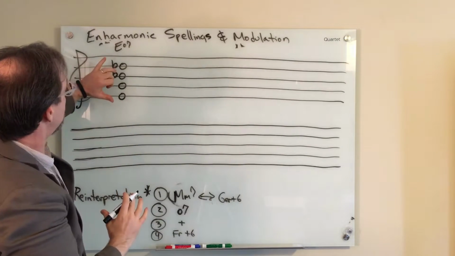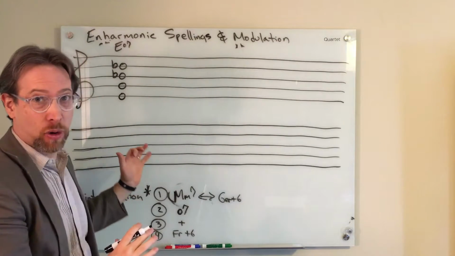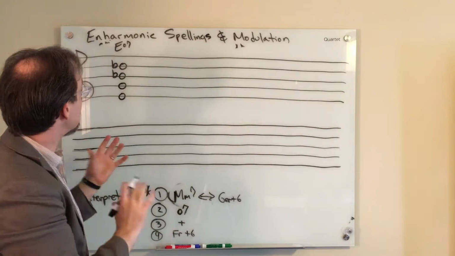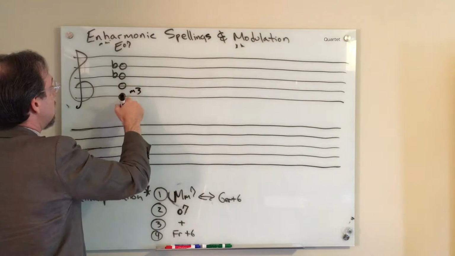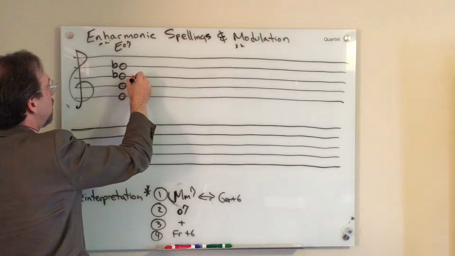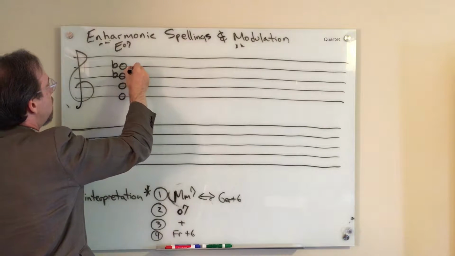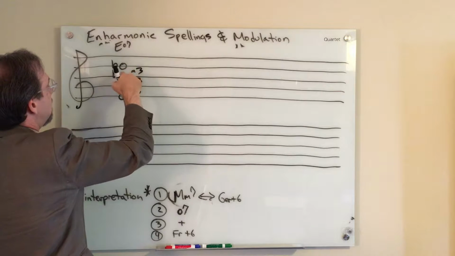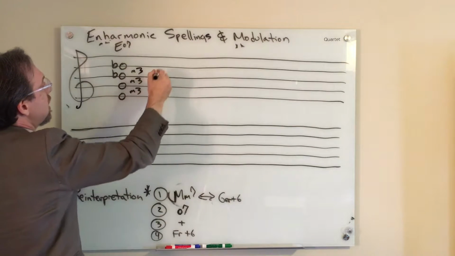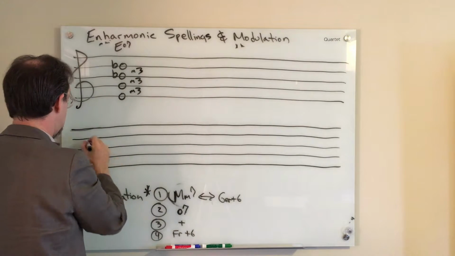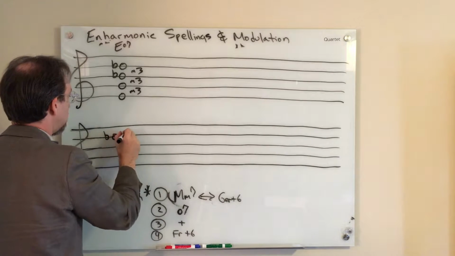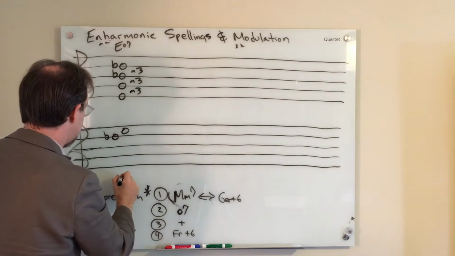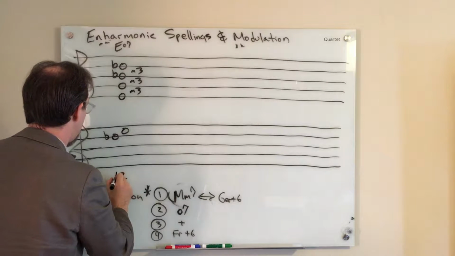So stacked in thirds. The diminished 7 chord is a really interesting chord because of its symmetry, right? So we have a minor third, E to G, up a minor third, G to B flat, up a minor third, B flat to D flat. If we look at that interval, D flat to E, that is a second, but it is an augmented second.